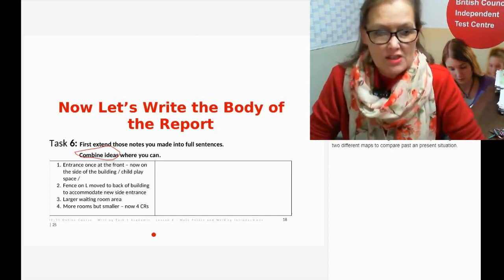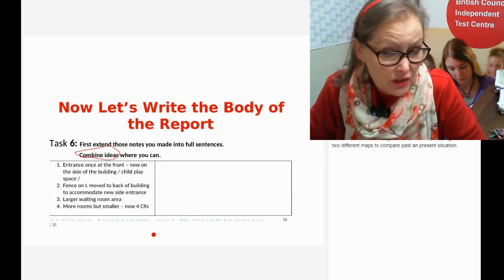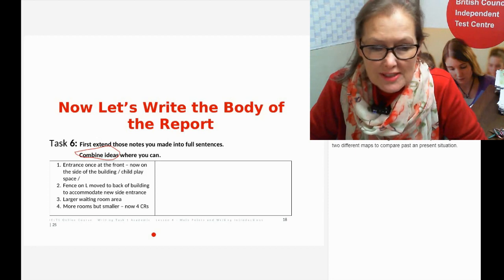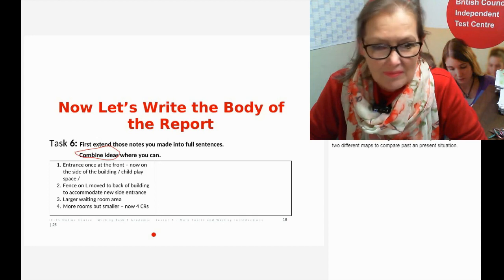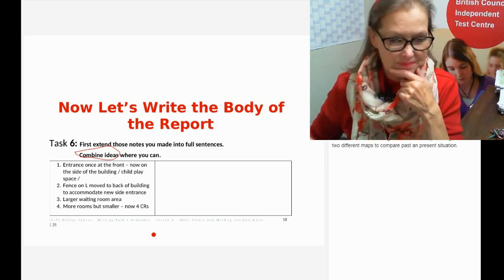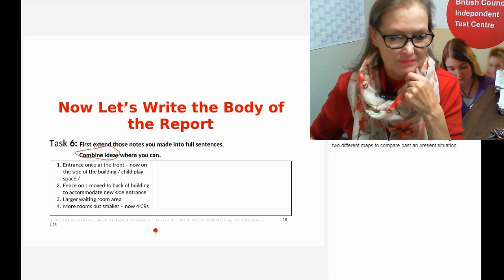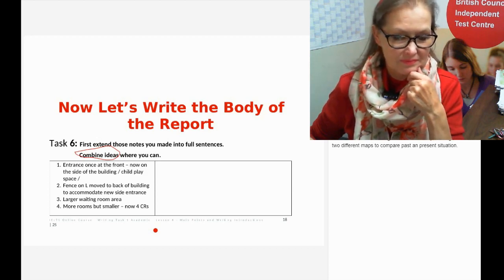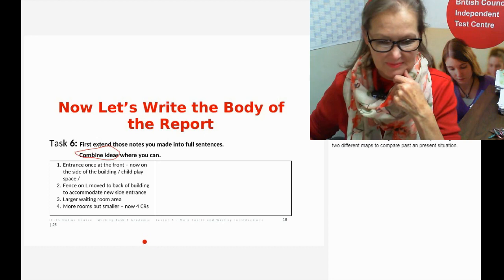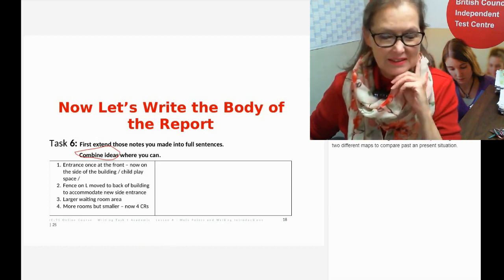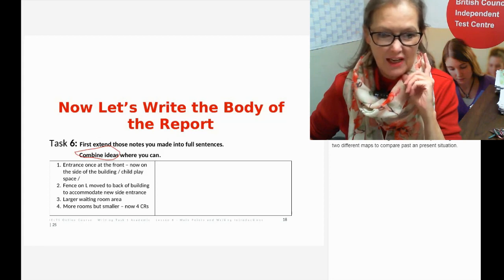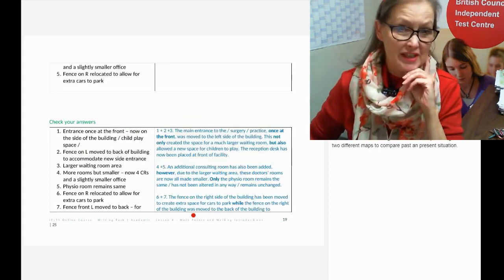So I'm going to give you a few minutes just to read through these sentences that we looked at earlier and think about how you would expand that into a full sentence. You might want to take a screenshot. And we'll move on to number 5 and 6 on the next page.